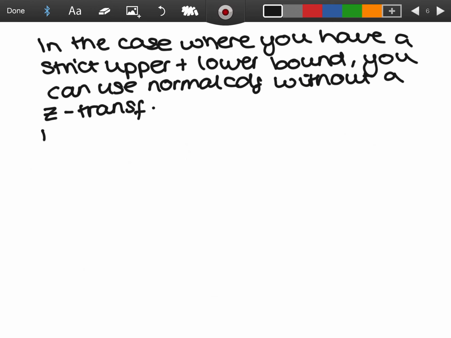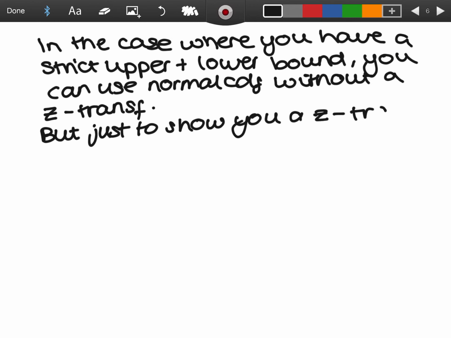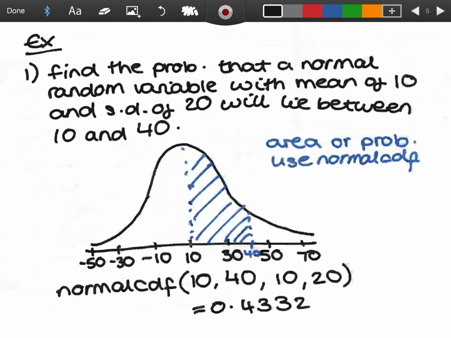So I'm going to do a Z transformation for this just to show you. Okay, so just to show you that a Z transformation works, I'm going to do that here in this particular problem.